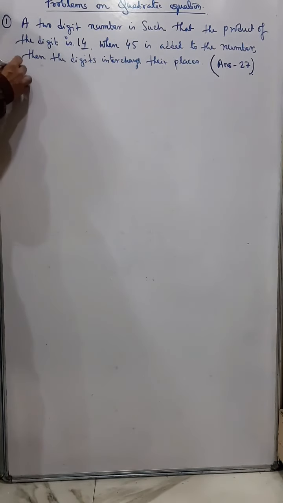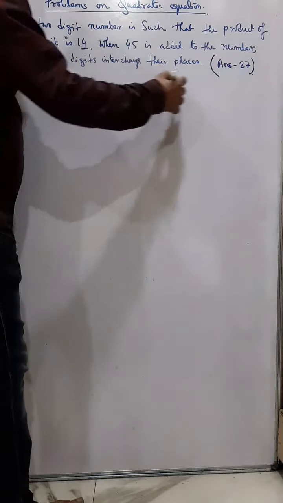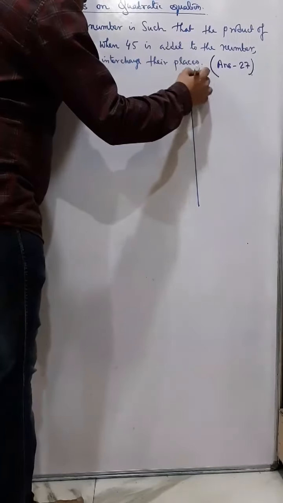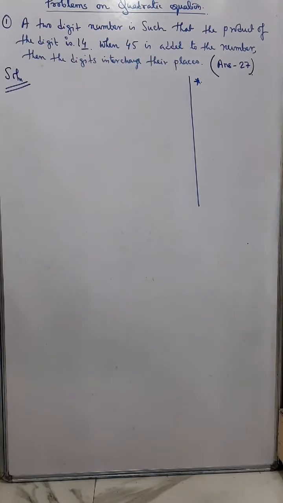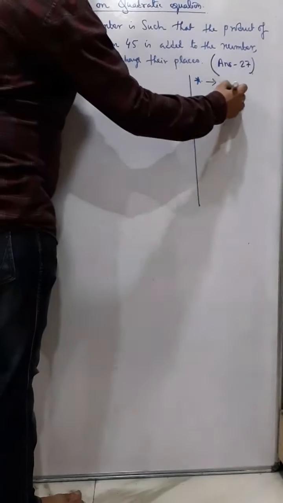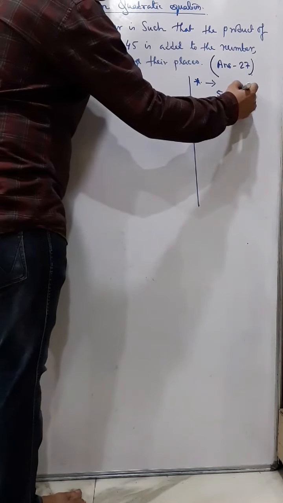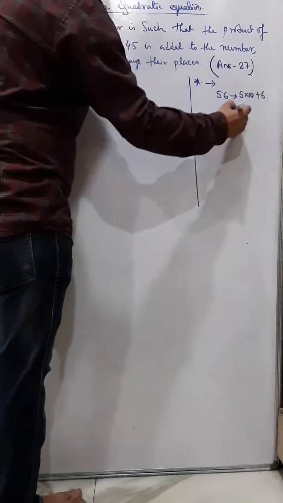Now this sum is related to the two-digit number, very important. Before starting this sum, let us recap something about two-digit numbers, which we have studied in class 9. If you remember, for example, you can see 56 is a two-digit number, and when you expand this, it is 5 into 10 plus 6.